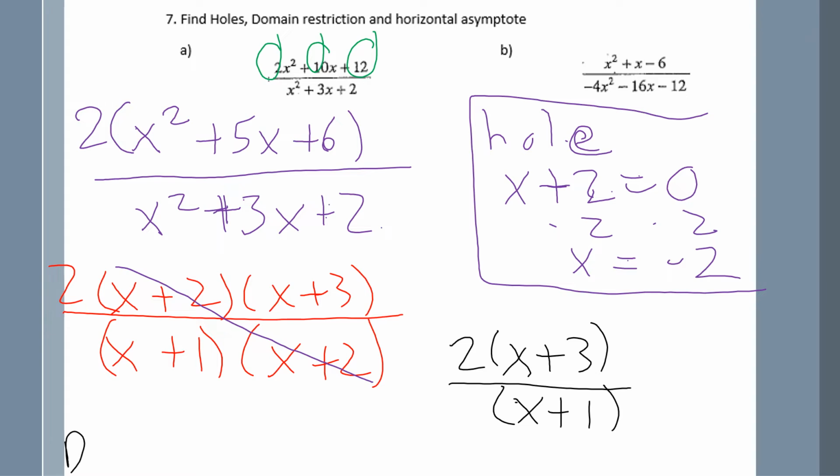It becomes undefined when x equals negative 1. x cannot equal negative 1 because if it does, it becomes undefined. And you can also tie that into your VA, your vertical asymptote, to be negative 1.